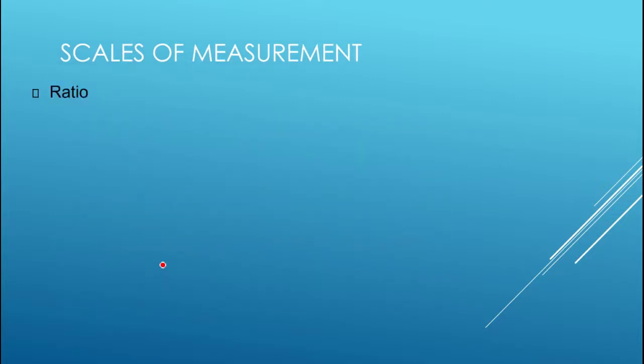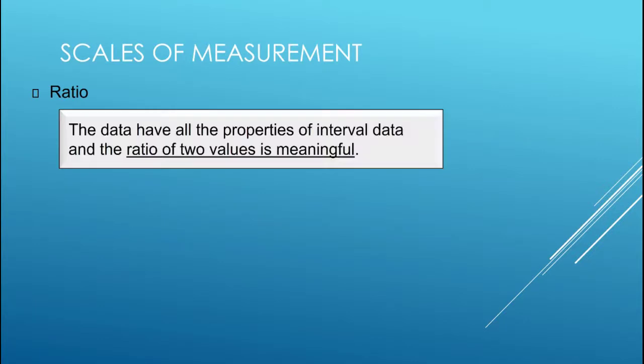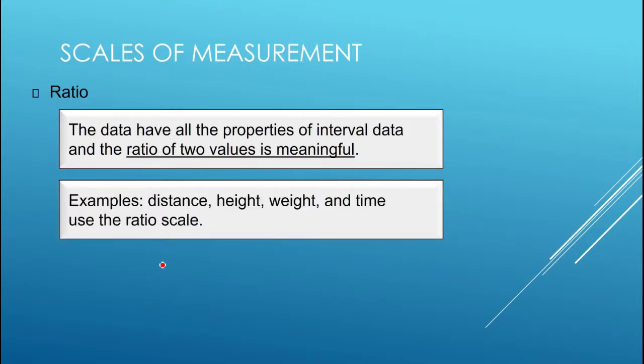Ratio scale data is data that have all the properties of interval data, and the ratio of the two values is meaningful. Examples include distance, height, weight, and time. For example, consider age. That would be another example of ratio scale data.